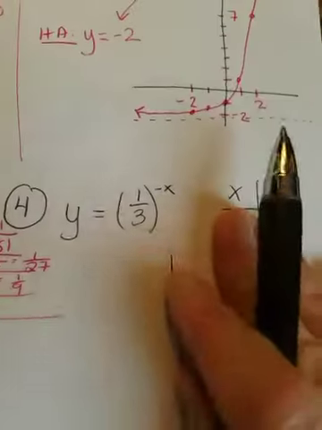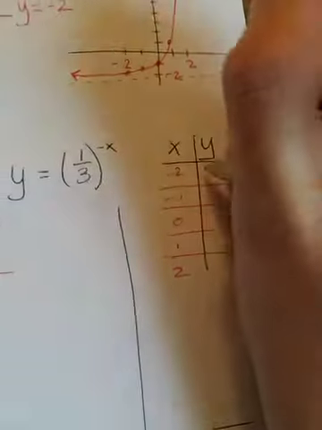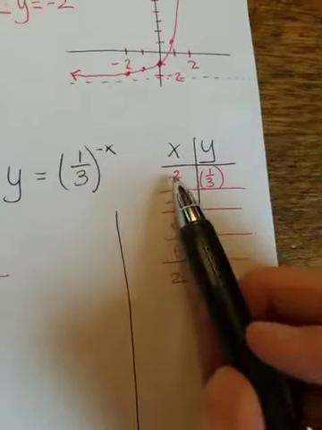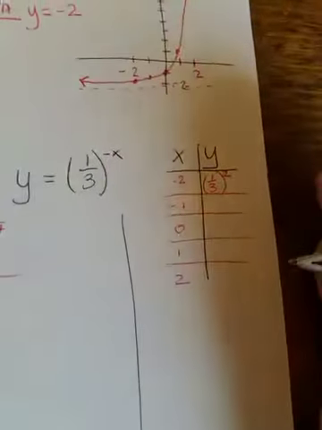Number 4, I'm giving you one with a fraction involved. Y equals 1/3 to the negative x. Okay, so we pick our numbers, and I'm going to have 1/3. It says to the negative x, so that's going to be -(-2), which is +2.